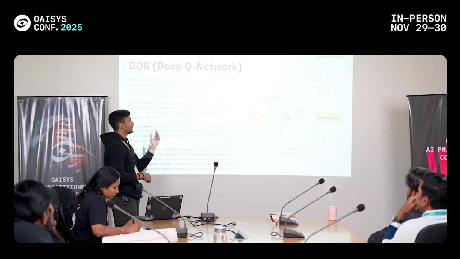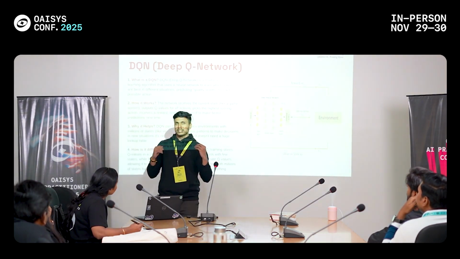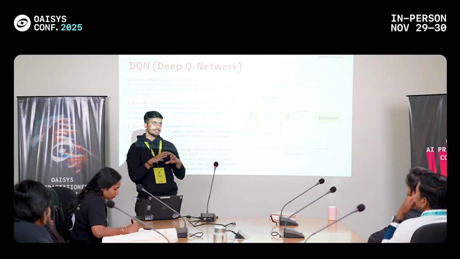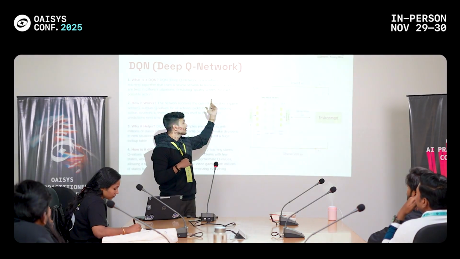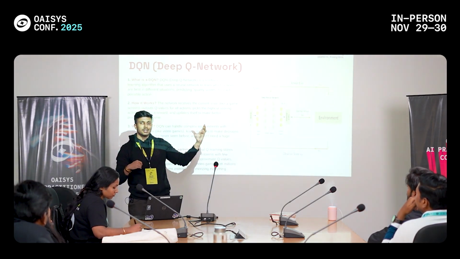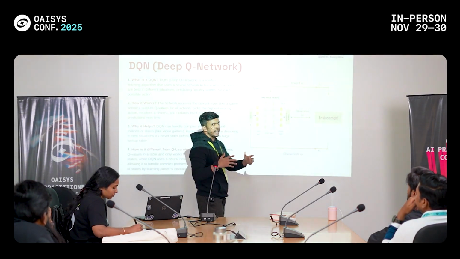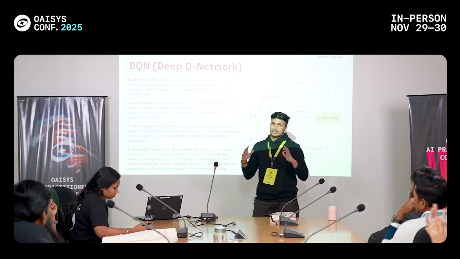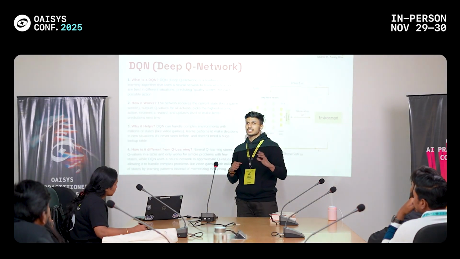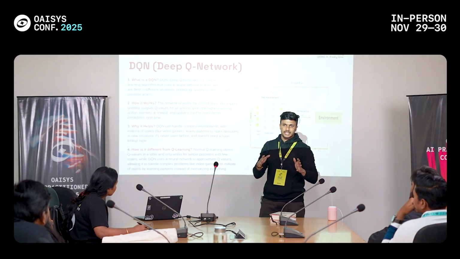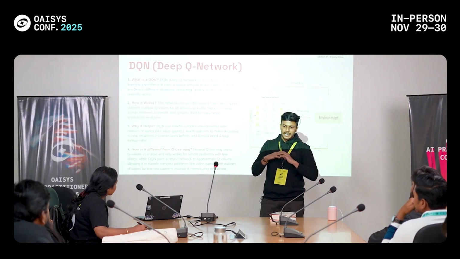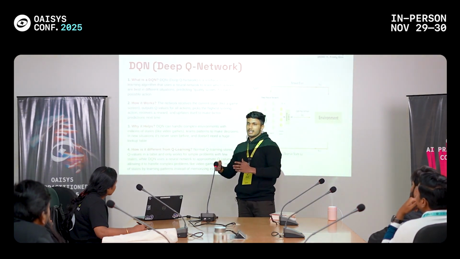Next is deep Q network. In reinforcement learning, we store all the actions and states in a Q table, where Q stands for quality. In the quality table, we store the state and action of a reinforcement learning model, which is quite accurate for a smaller scale model. But in a real life example, there are n number of actions and n number of states, which we cannot manage through just a Q table.